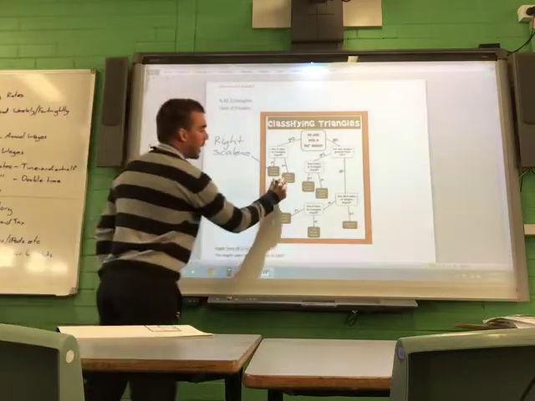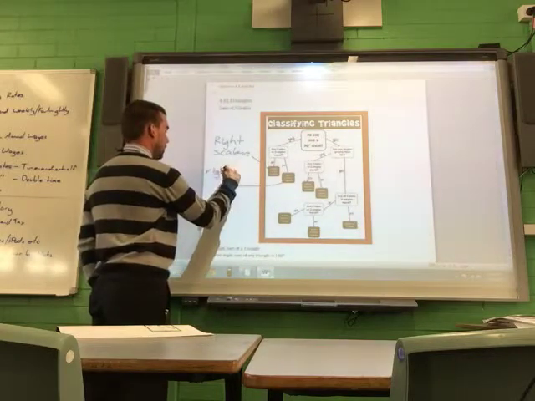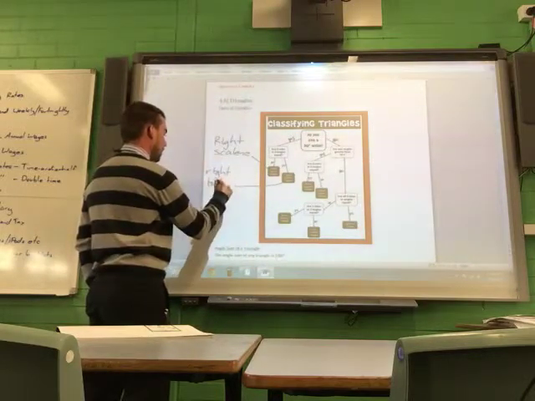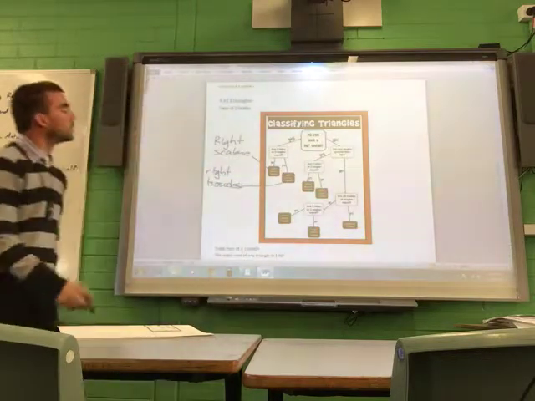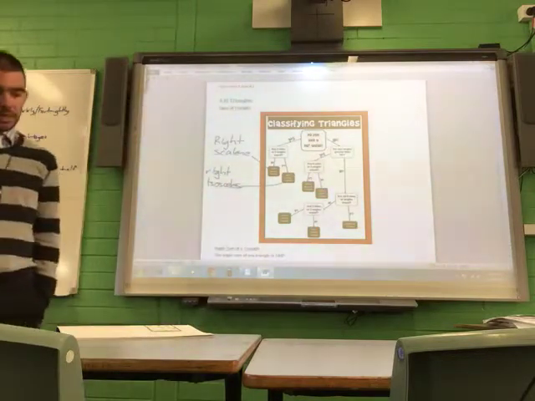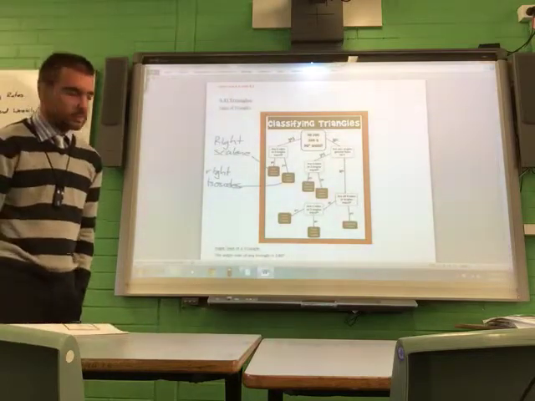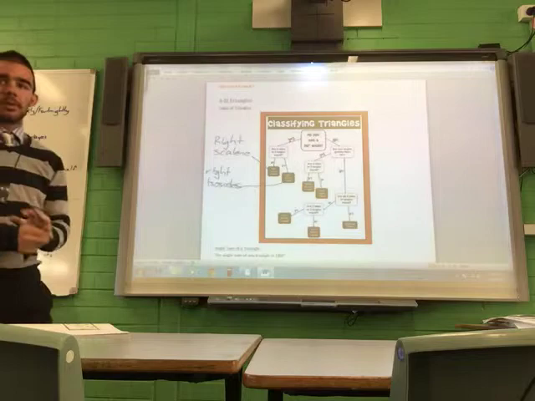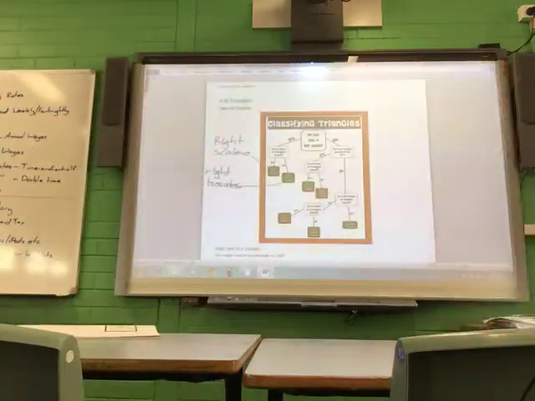If they are, we have a right isosceles. Not the best note-taking writing. I suggest everyone fill this in around the diagram in their notes so you can read it.